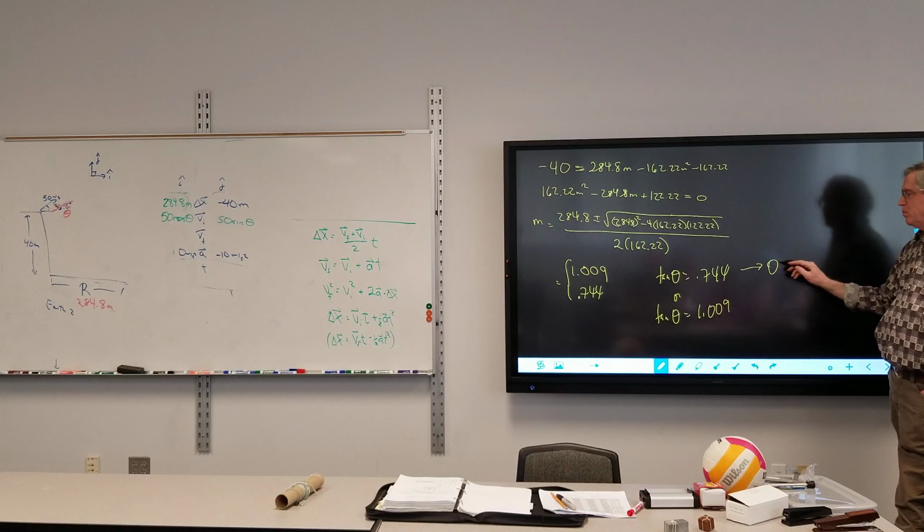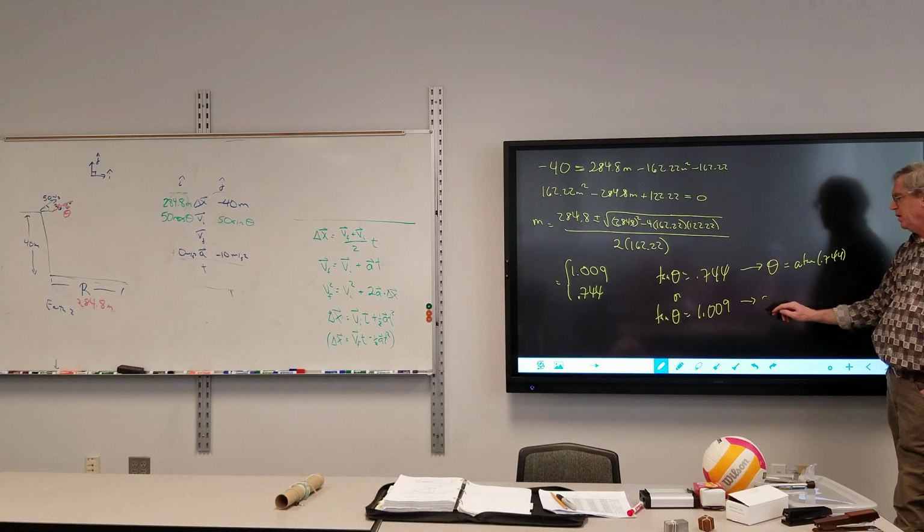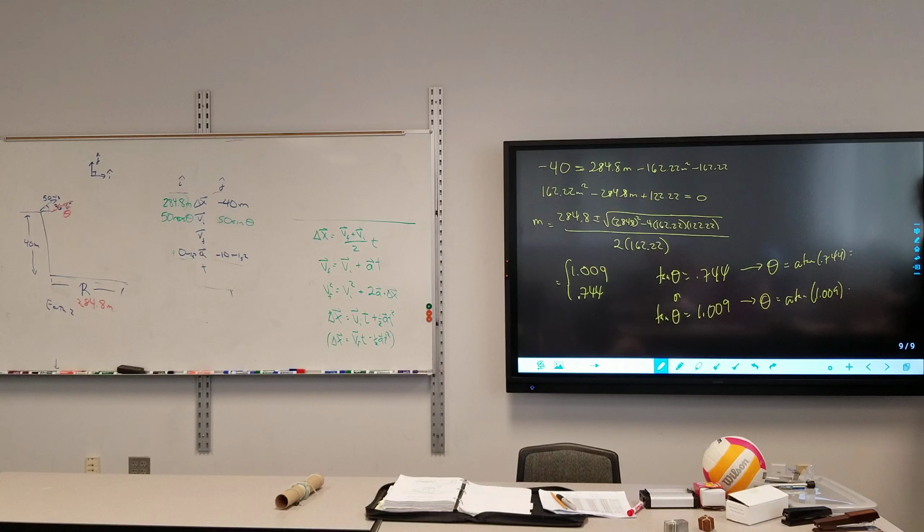So now theta would be the arctan of 0.744, which should be about what we had the first time we did the problem, and theta is equal to the arctan of 1.009. And so our two answers are, glad we didn't do the brutal method and come out with the wrong answer the first time.